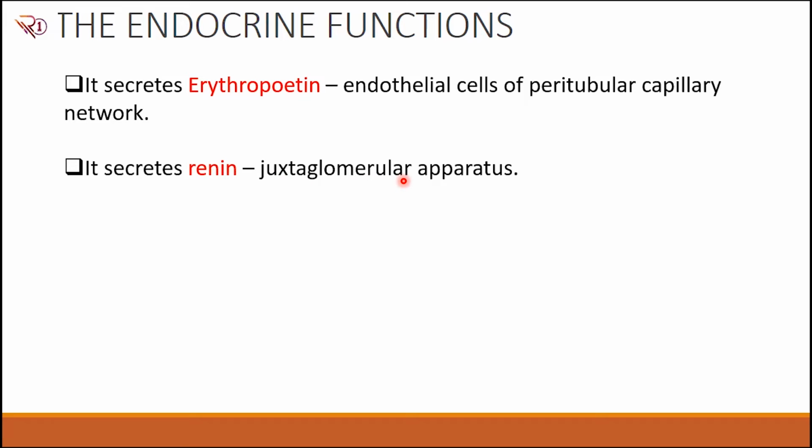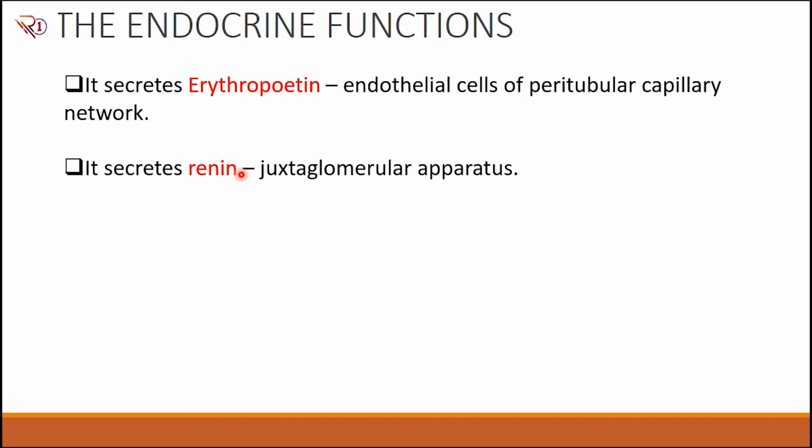So usually when there is vasoconstriction or when there is inadequate blood supply to the kidney, the kidney releases renin to cause activation of angiotensin 1 and angiotensin 2, and then leading to vasoconstriction.